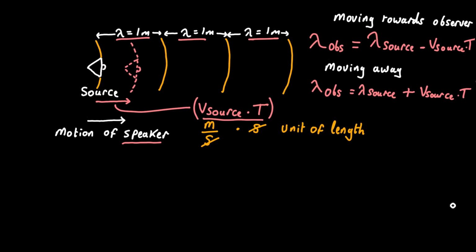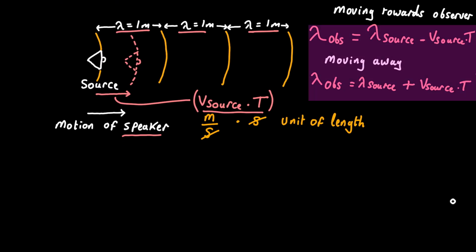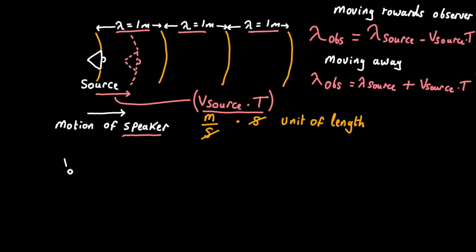So we have the observed wavelength, but what about the observed frequency? Well, if we use this formula where the velocity of any wave is equal to the frequency multiplied by the wavelength, we can rearrange this to isolate the frequency of this wave, which is equal to the velocity divided by the wavelength.